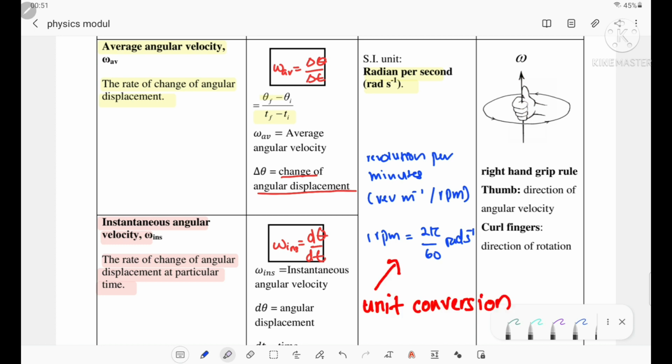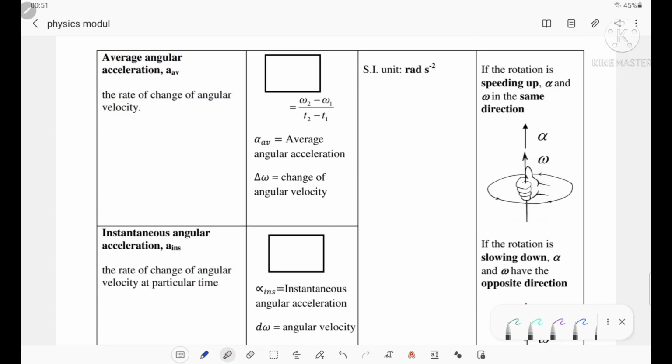The direction of the angular velocity can be determined by using the right hand grip rule. The thumb shows the direction of the angular velocity, and the curved fingers show the direction of the rotation.